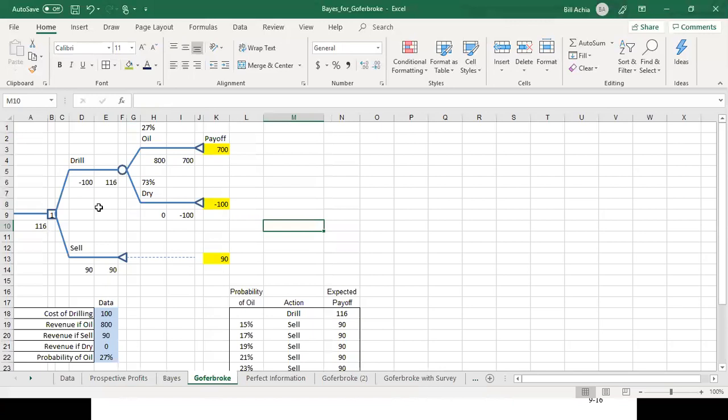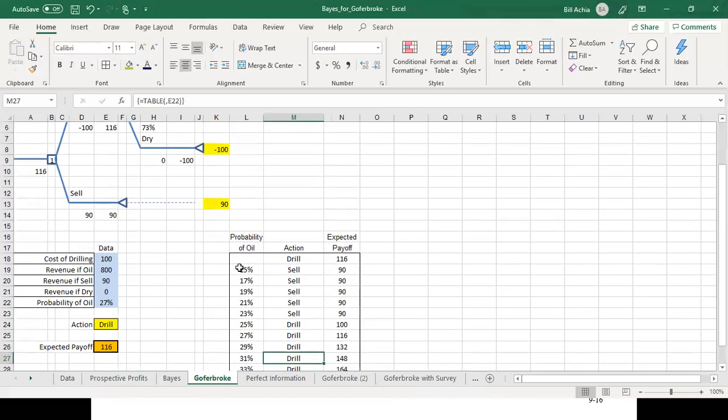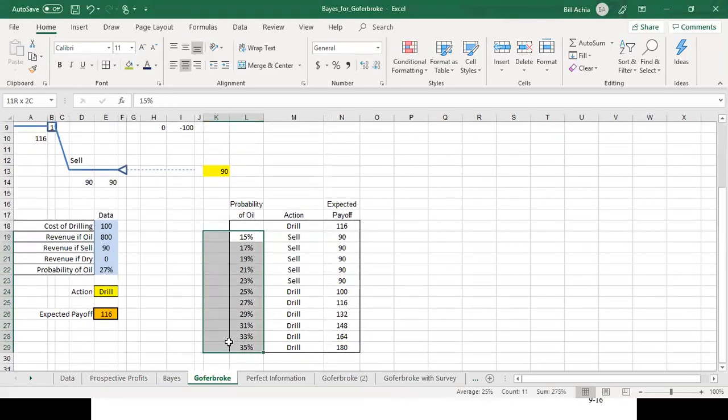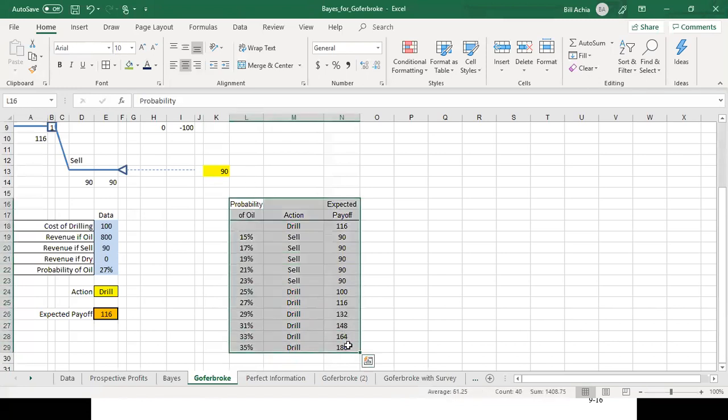Okay, so RSPE has the ability, once you run RSPE, to determine, based off of whatever subjective probability that geologist has, whether it makes sense for us to sell or to drill. Okay, and for you, the biggest challenge would be, how do we go about setting up this table here, where we make that decision to either sell or to drill?